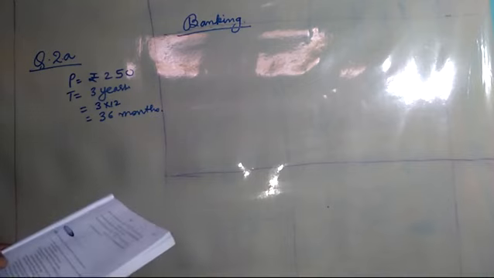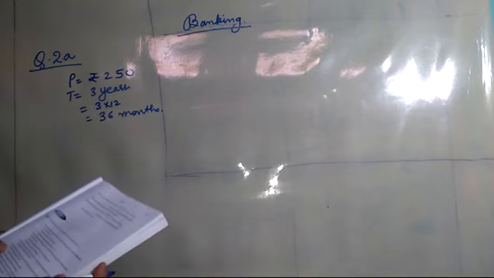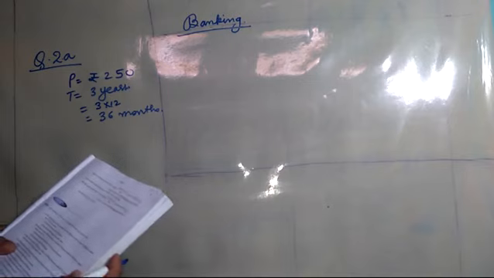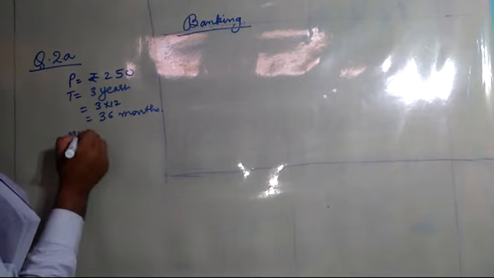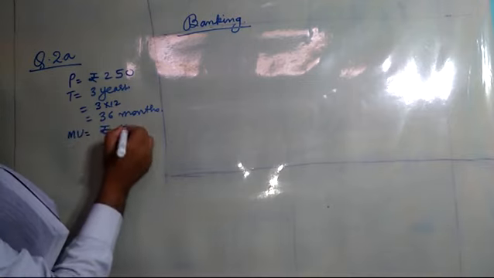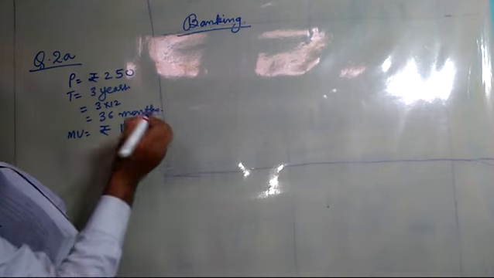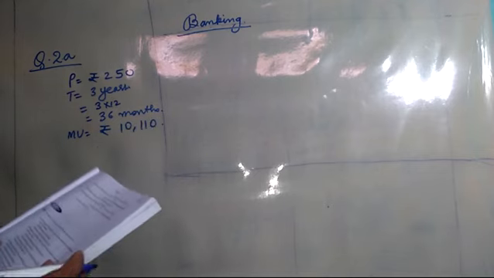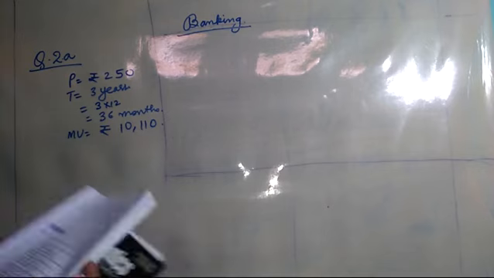Always you have to convert time into months, and then the maturity value at the time of maturity he gets, so MV is given is equal to rupees 10,110. So this much.